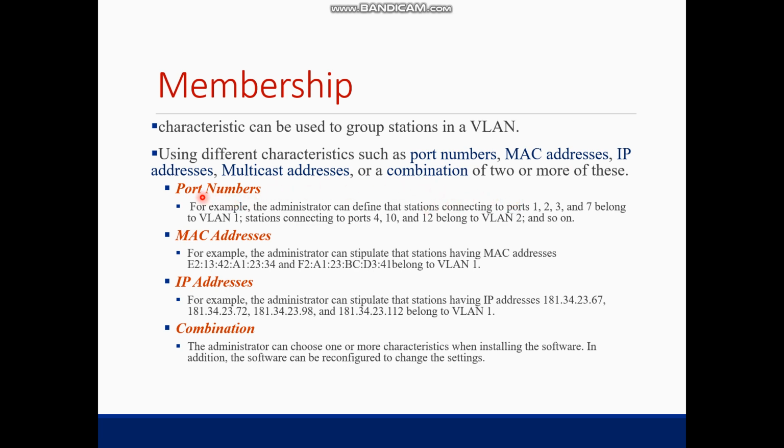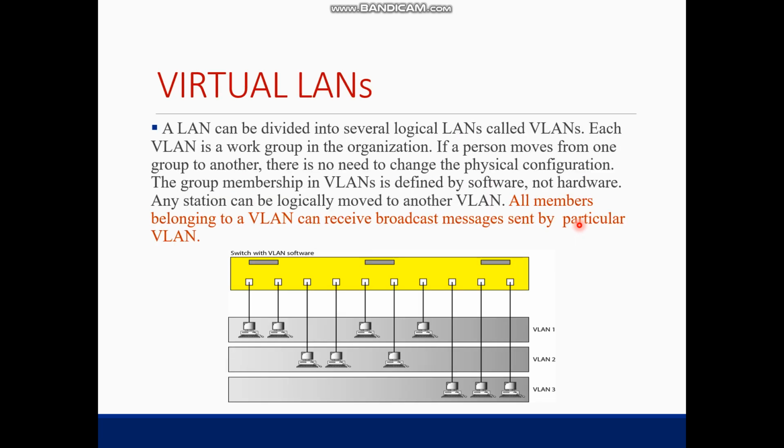Whenever we refer to the port number, we can define that the stations connecting to ports 1, 2, 3, and 7 belong to VLAN 1. For example, in this one, this is port 1, 2, 3, 4, 5, 6, 7, 8, and so on.